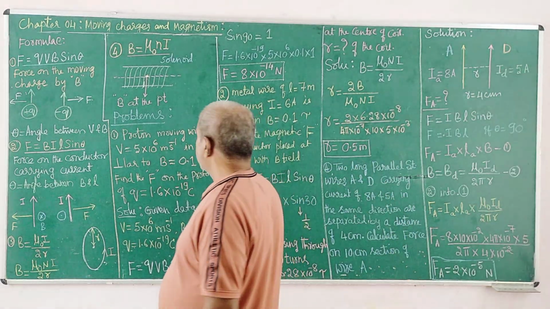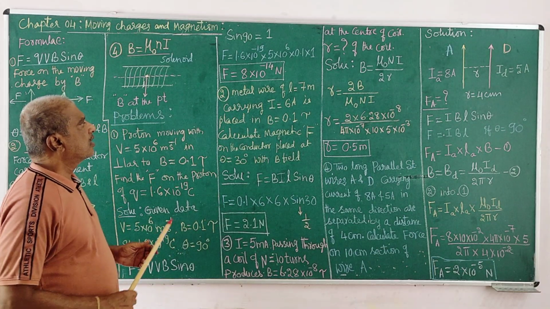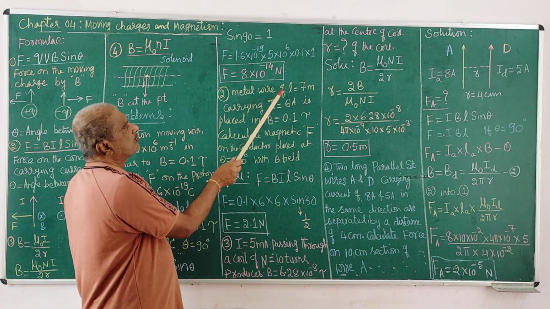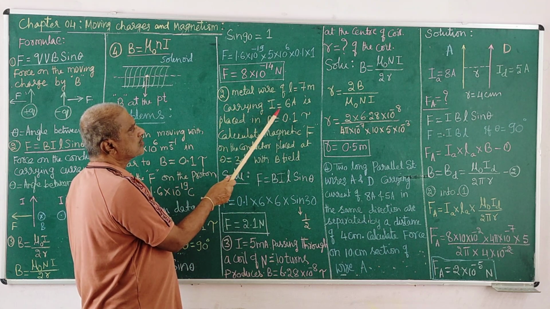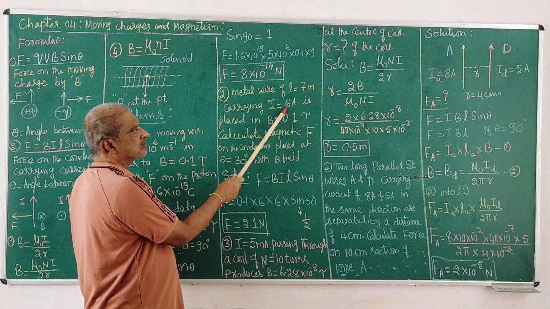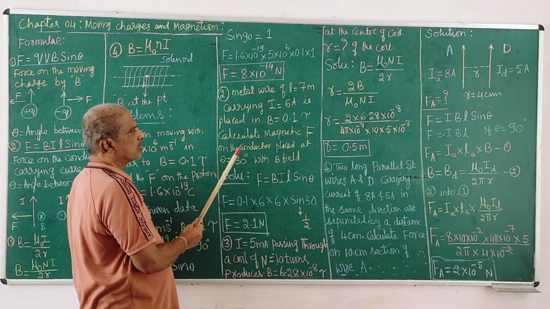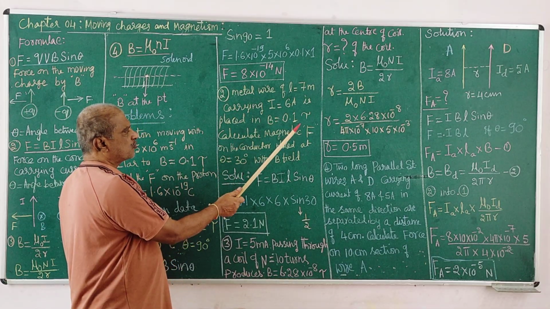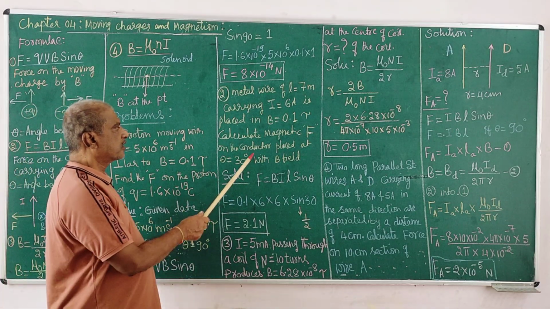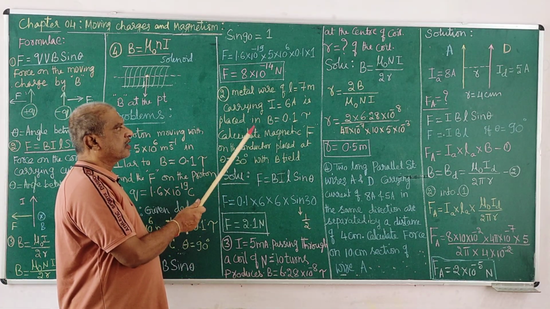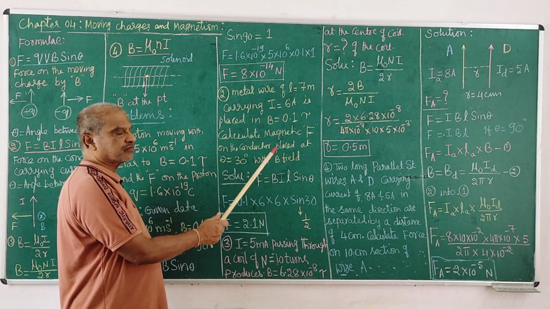And the next problem is, a metal wire of length 7 meter carrying a current of 6 ampere is placed in a magnetic field of 0.1 Tesla. Calculate the magnetic force on the conductor, where the conductor is placed at an angle of 30 degrees with the field.